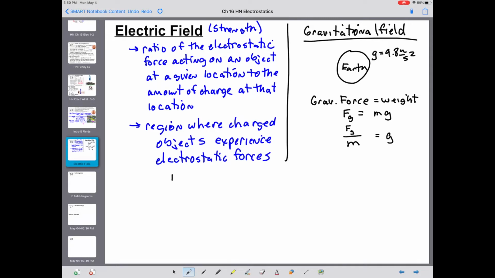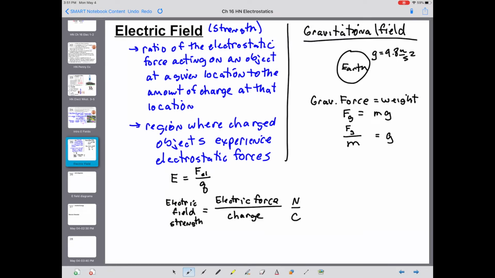The electric field strength, E, is equal to a ratio of the force, but this force is going to be the electrical force, and instead of the mass, it's the charge of the object. So then our electric field strength, just in words, is equal to the ratio of the electric force divided by the charge, the number of newtons of force acting on a coulomb of charge.